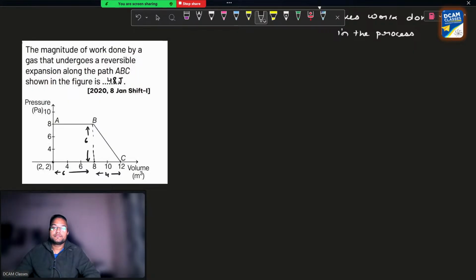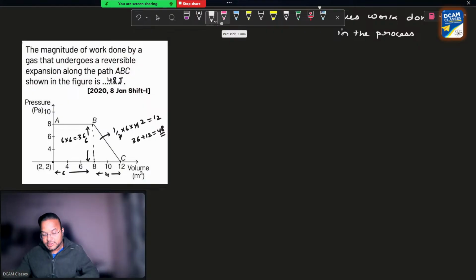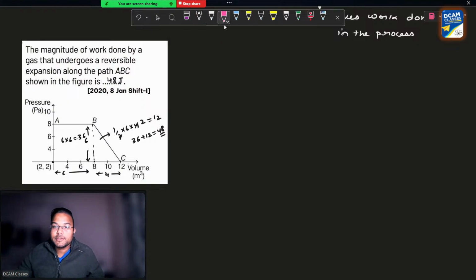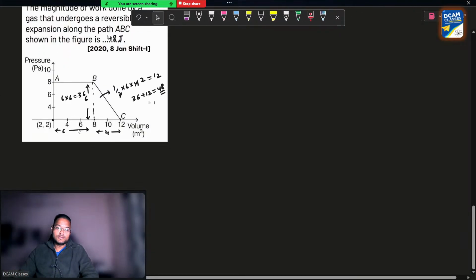Very good. 6 into 6. And this area is half into 6 into 4. 12. 36. 36 plus 12. Total area is 36 plus 12, which is 48. Very good. Even though it was easy, but good observation. That 2, 2 is there. Most of the students will be doing this mistake only that I did.